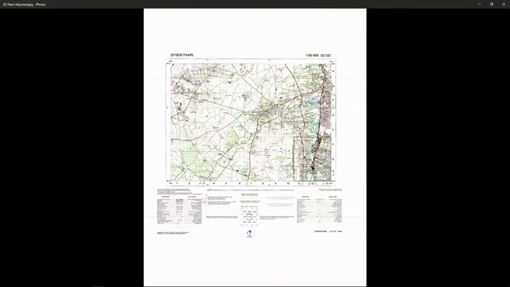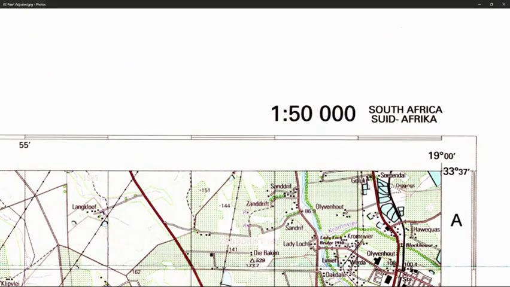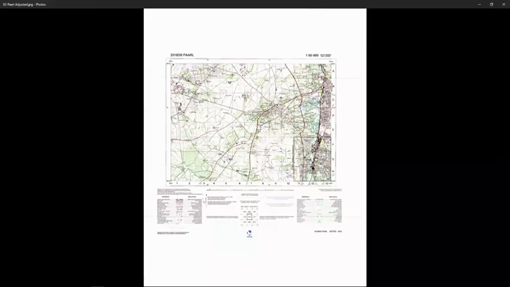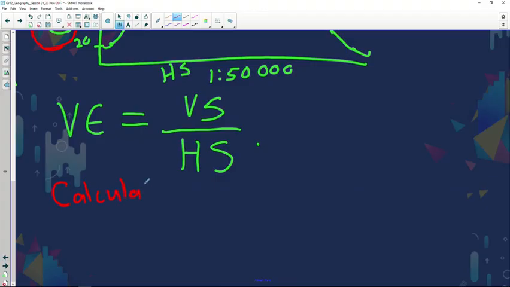Now, if the question states, calculate the vertical exaggeration on the topographical map, immediately you need to know there's your scale. So what will the question look like eventually? The question will state, calculate the vertical exaggeration for the cross section on the topographical map.